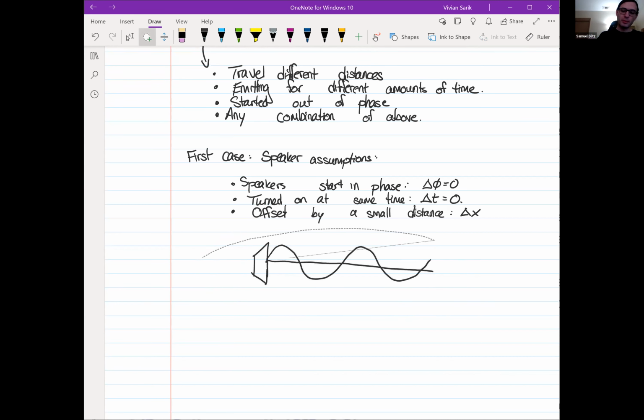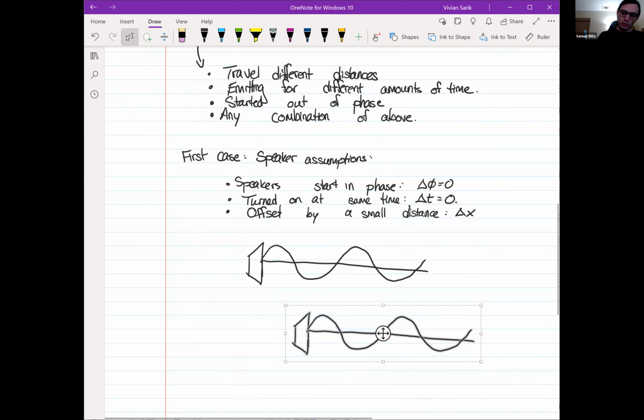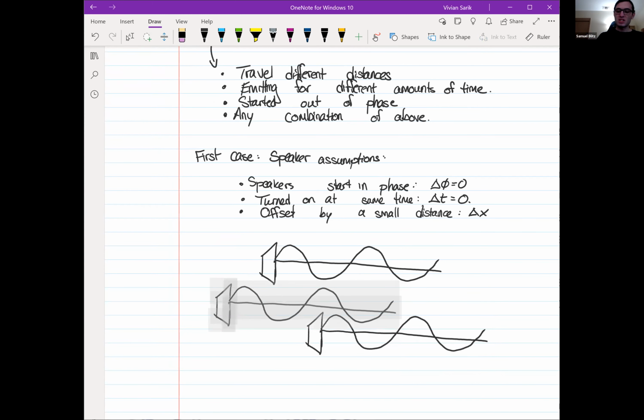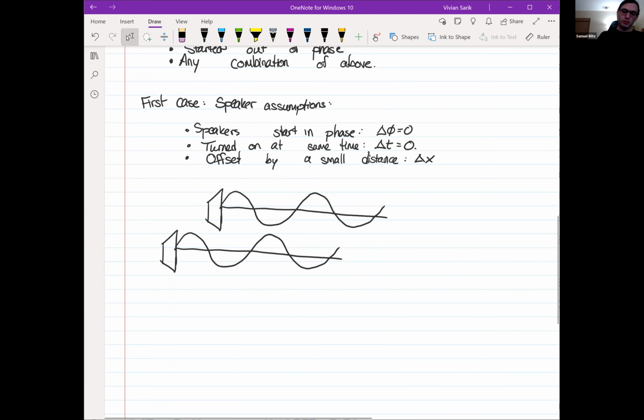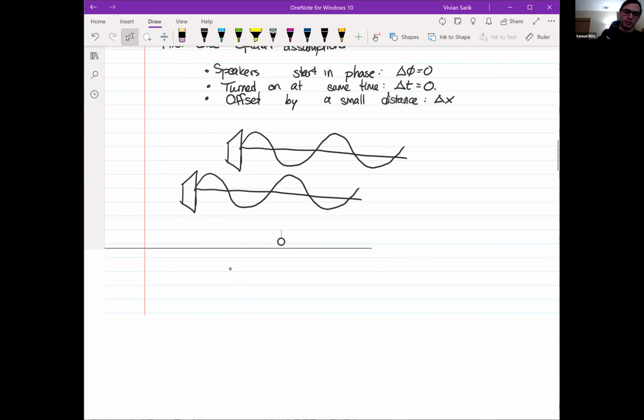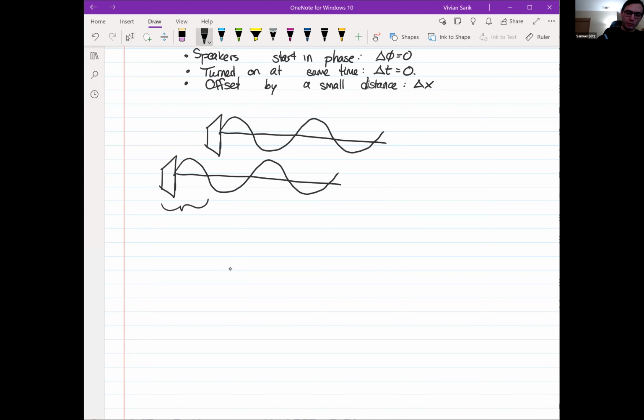Let me copy this and paste. So it would be offset like that, for example. And so this distance here would be delta x, right?